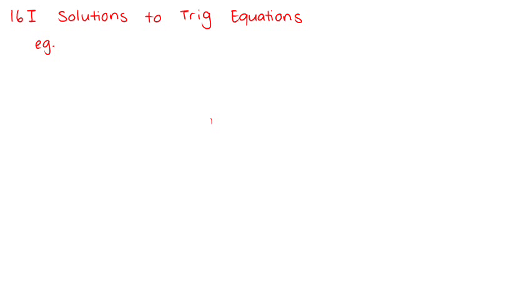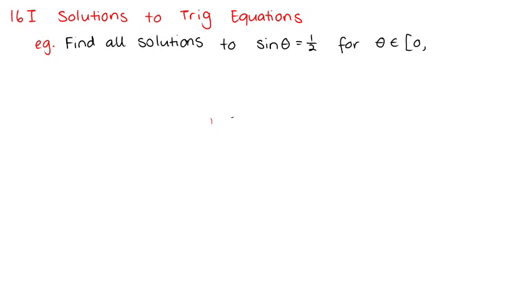So the first one: find all solutions to sine theta equals 1/2 for theta between 0 and 4 pi inclusive.